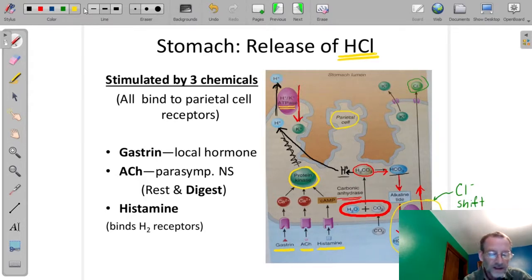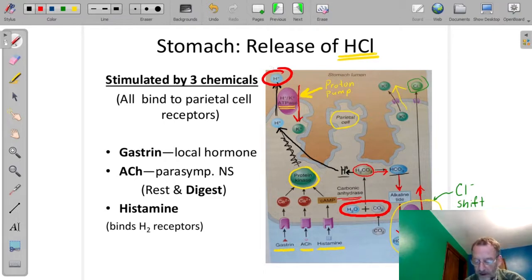And so this is the proton pump. We're exchanging hydrogen for potassium. And then the potassium just exits again. We don't really worry about it. So at any rate, there is our hydrogen now in the lumen of the stomach.